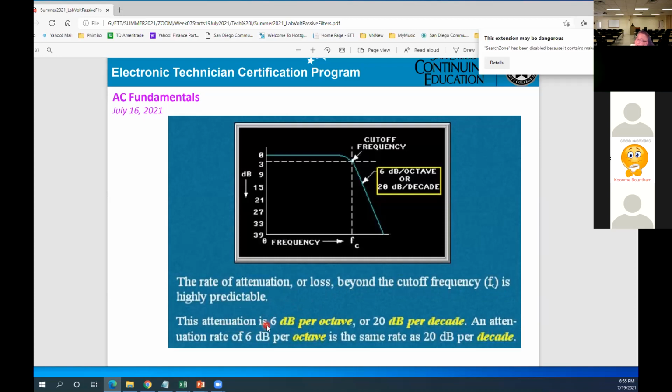Attenuation is 6 dB per octave or 20 dB per decade, and an attenuation rate of 6 dB per octave is the same as the rate of 20 dB per decade. They work the same.